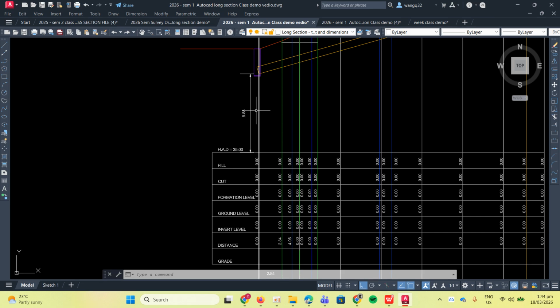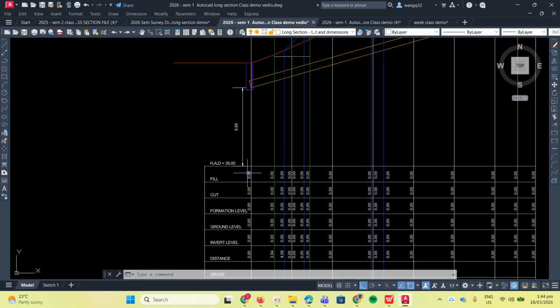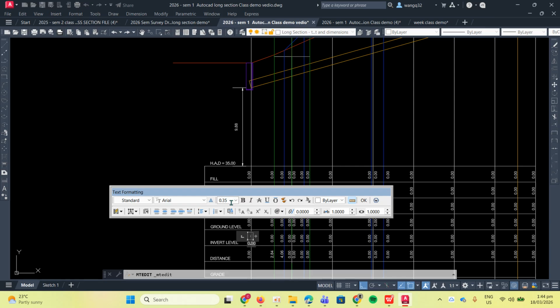Because we use distorted scale, we need that number divided by 2, which gives me 4.94. Is it 4.94? Yes. So then I add my 4.94 to 35, which gives me 39.94. That's the actual inward level of the pipe.